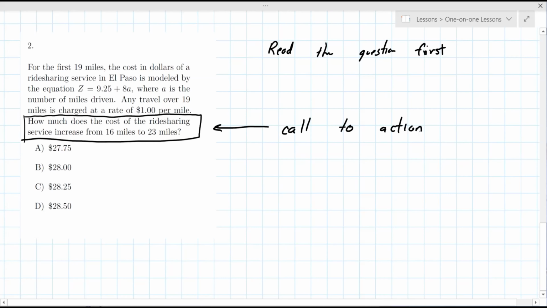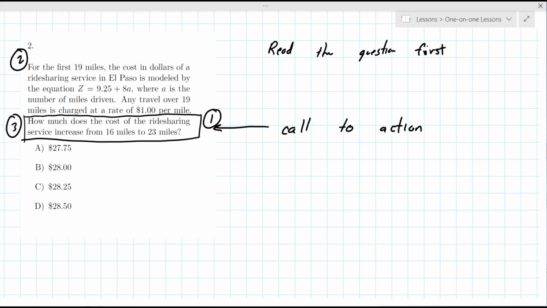And I use that here because this is what you're expected to do. So sometimes it's a good idea to read this first, then the prompt, which is all this other information, and then the question again. What it does is it gets your brain thinking about what you're trying to solve for. Then you go back and look for the relevant information, and then you read the question again.